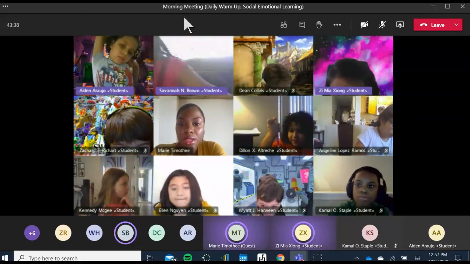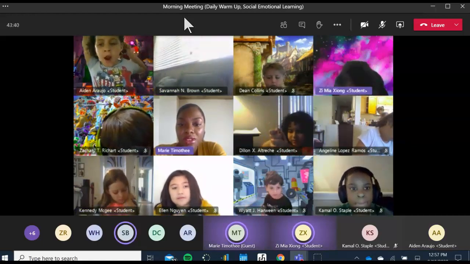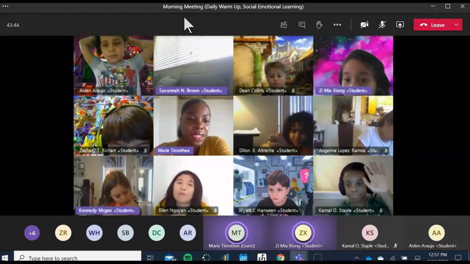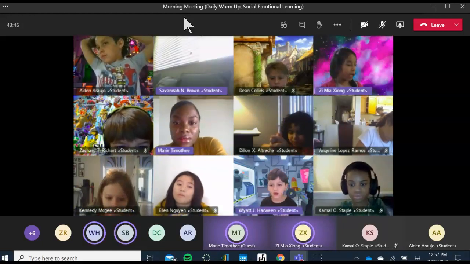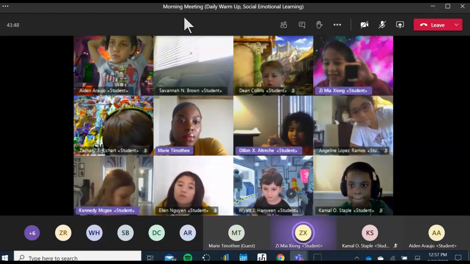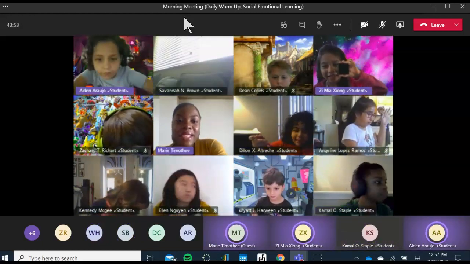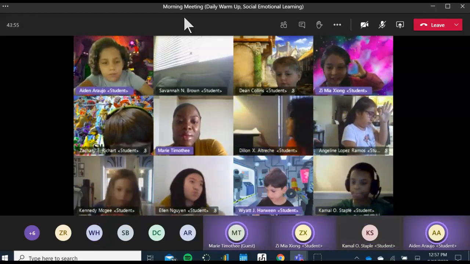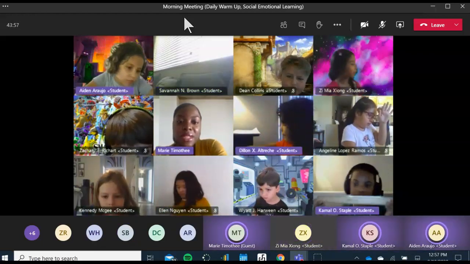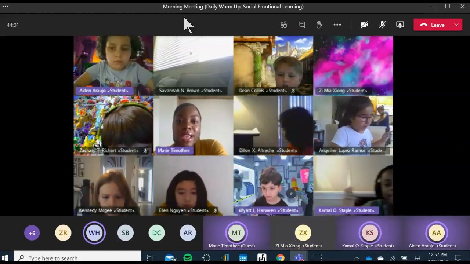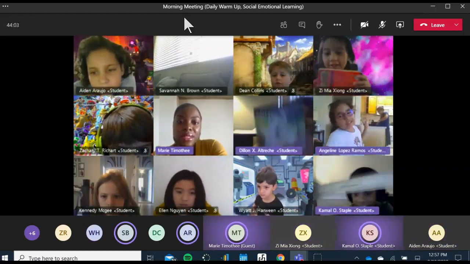So can you guys give me some examples of a shape that would be considered a quadrilateral? I have a quadrilateral right here. Yes, a rectangle. That's a really good one, Mia. Someone said a square. That's a good one. A rhombus.